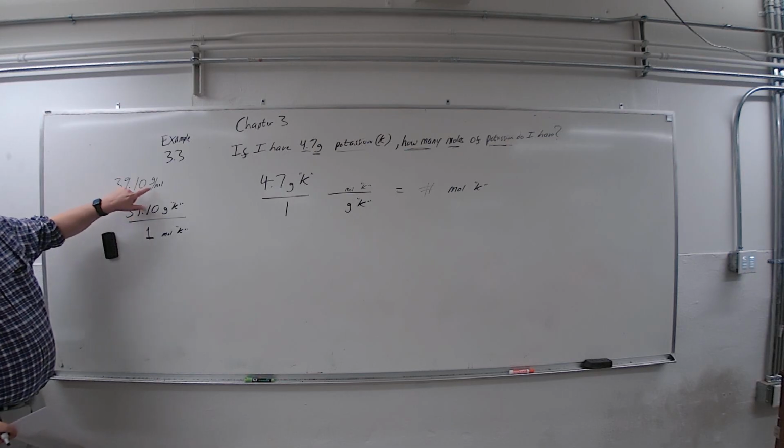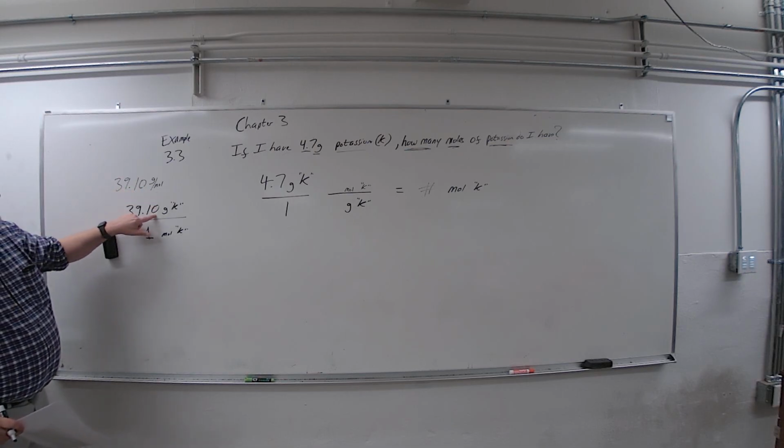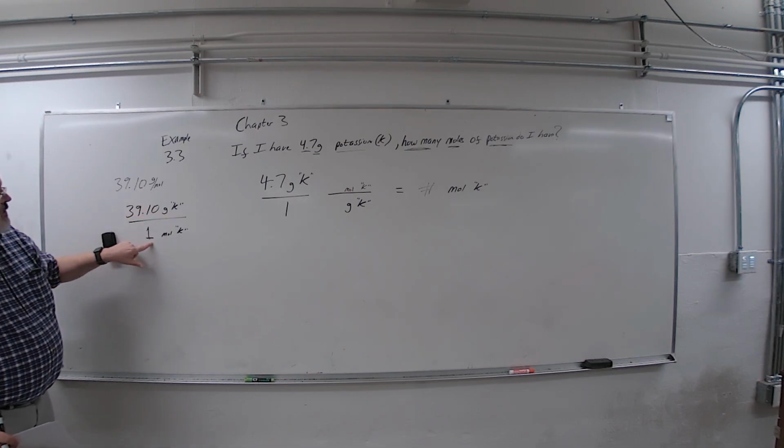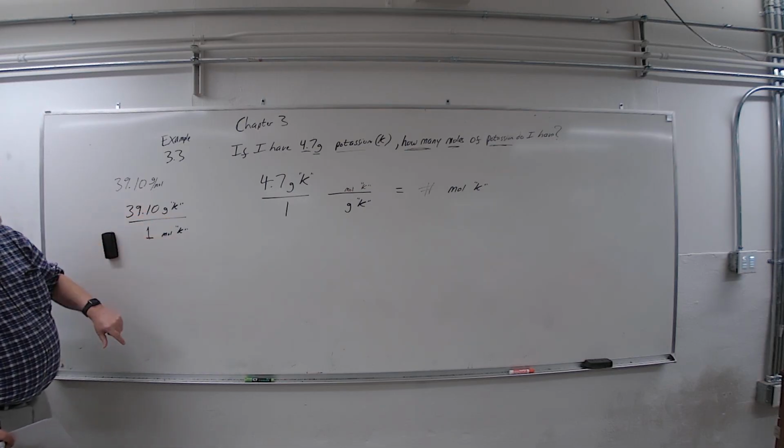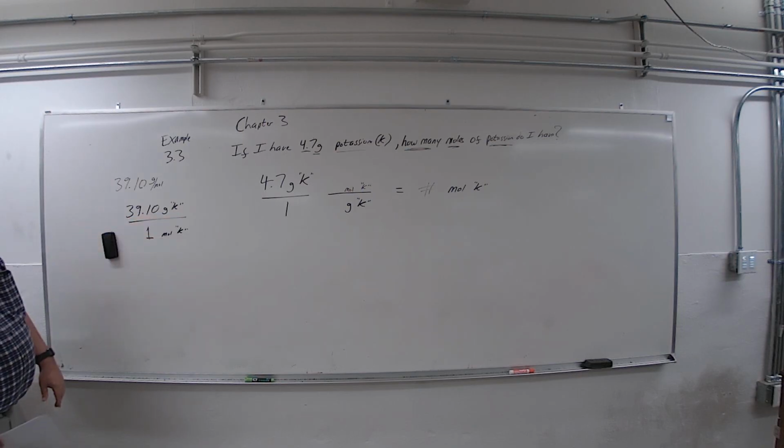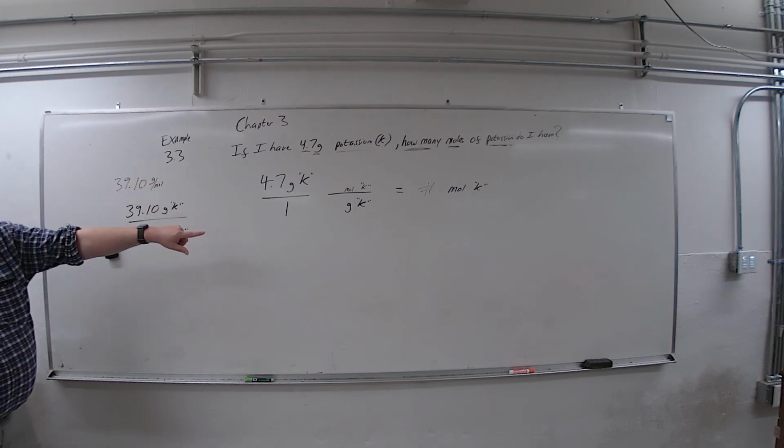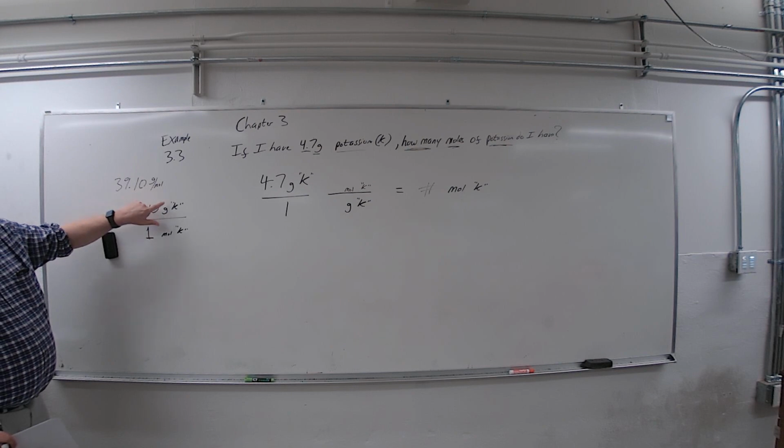Grams per mole, numerical value, unit, label, numerical value, unit, label. Now we're ready to do this. But notice we've got moles on top and grams on bottom here, grams on top here, and moles on bottom here. I'm going to flip it.